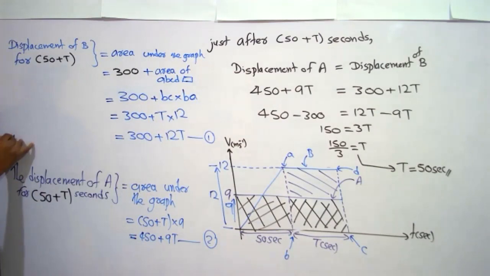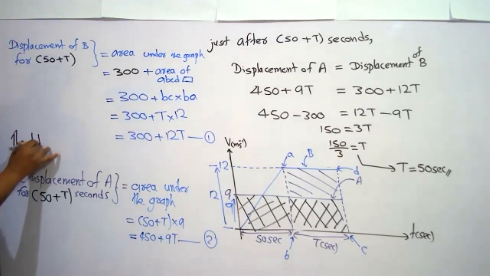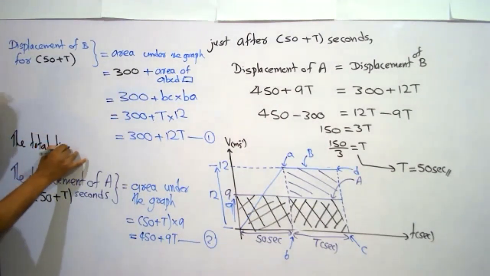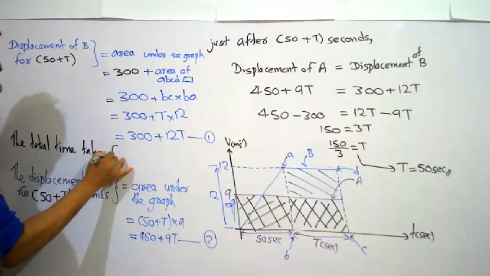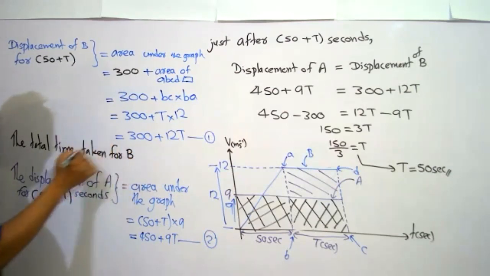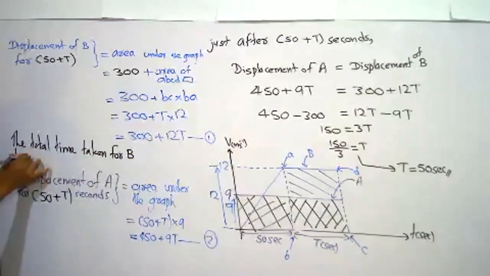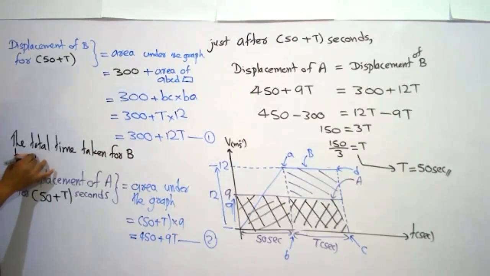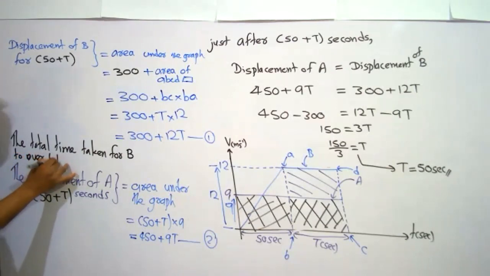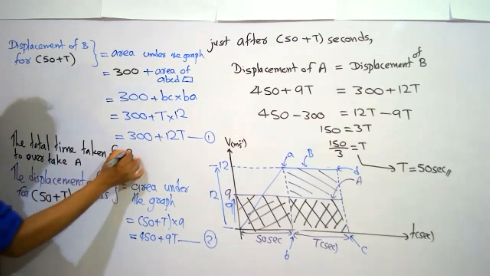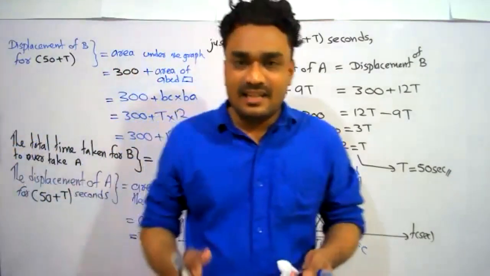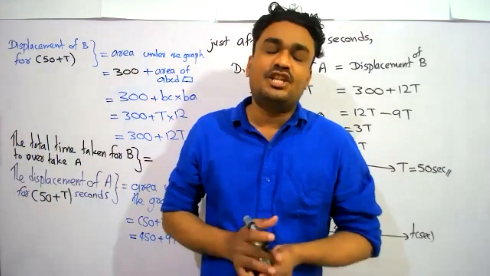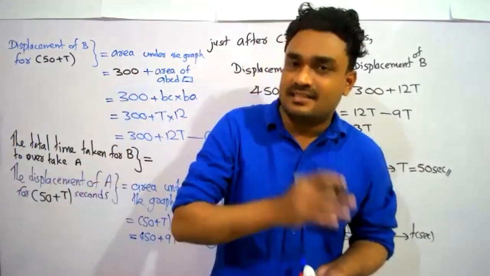Look at board. The total time taken for capital B to overtake A. They meet each other after 50 plus t seconds.